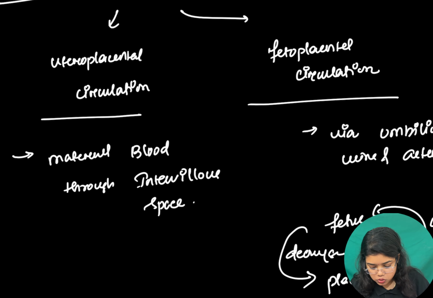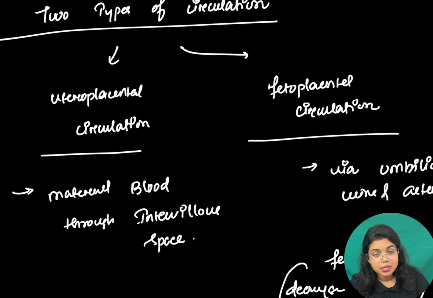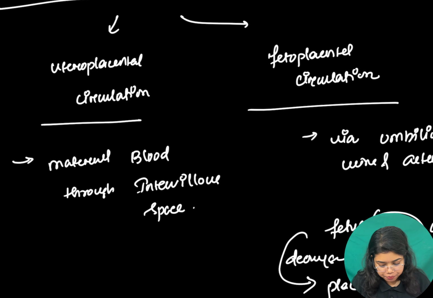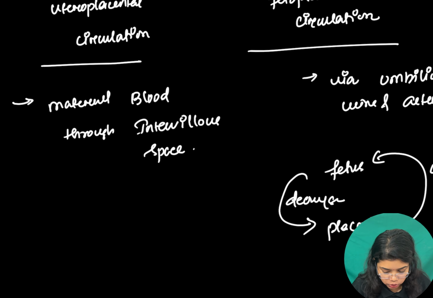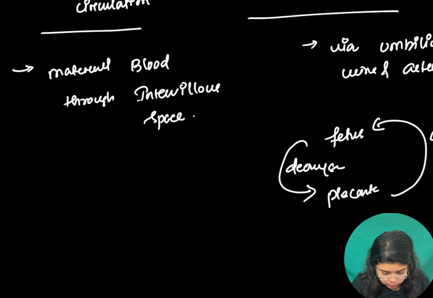Okay, so just remember here, there are two types of circulation. One is uteroplacental circulation, another one is the fetoplacental circulation, which is the circulation of the blood from the fetus to the placenta and then from the placenta to the fetus.